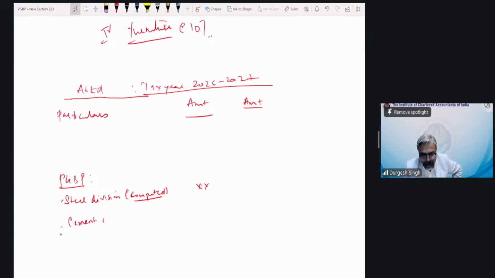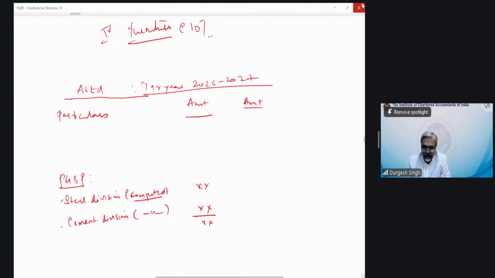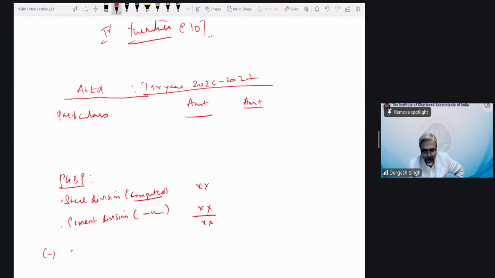After that, you have a cement division. Again, the same thing: the computed part is what you take. Thereafter you will take the gross amount, and after taking the gross amount, you will reduce the current year depreciation that you have computed just now as per the working note.